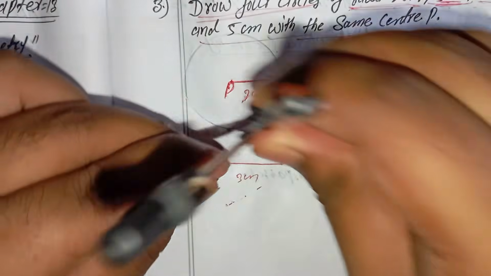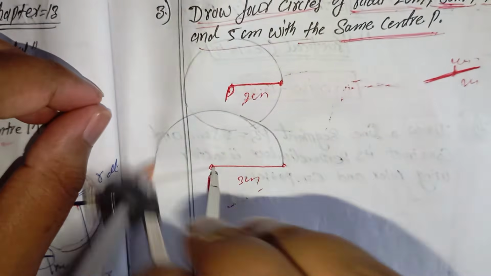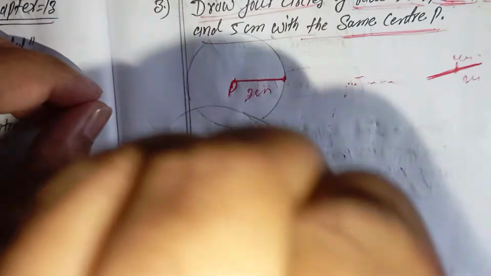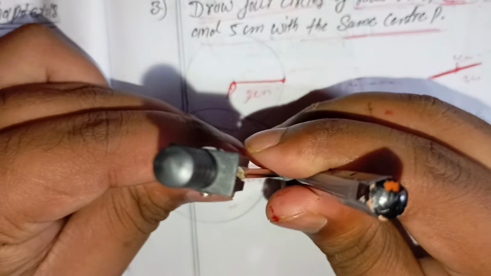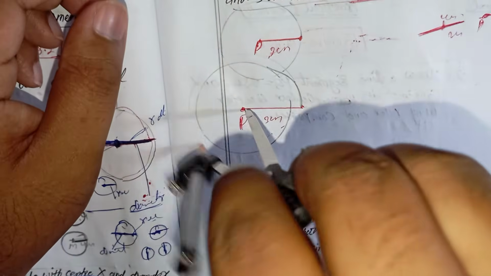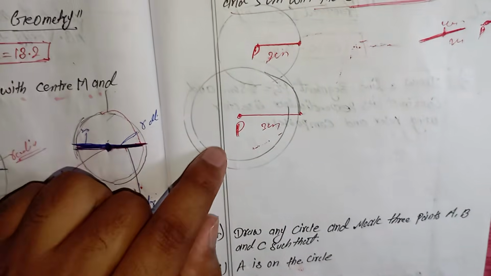Actually, this circle is going to be something like this, but try to understand. Take the camera a bit upper. The circle is going to be like that.